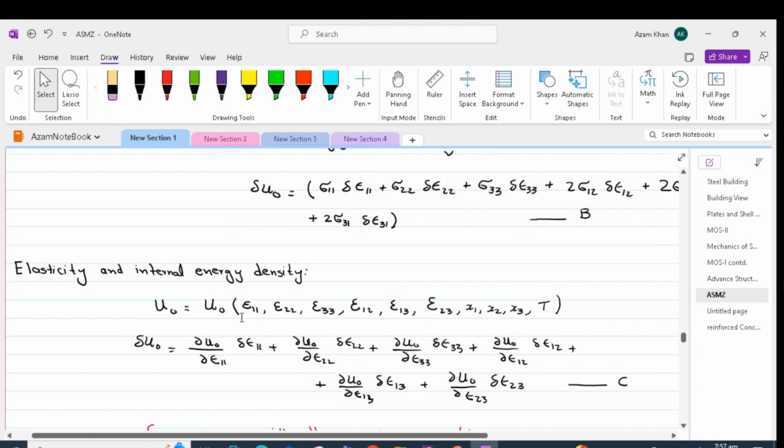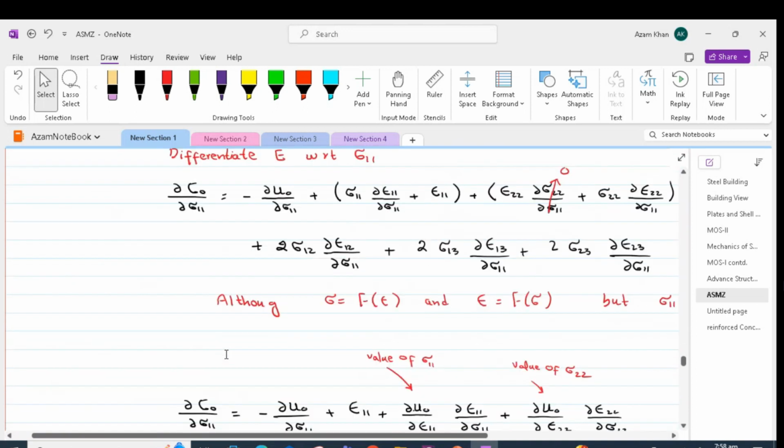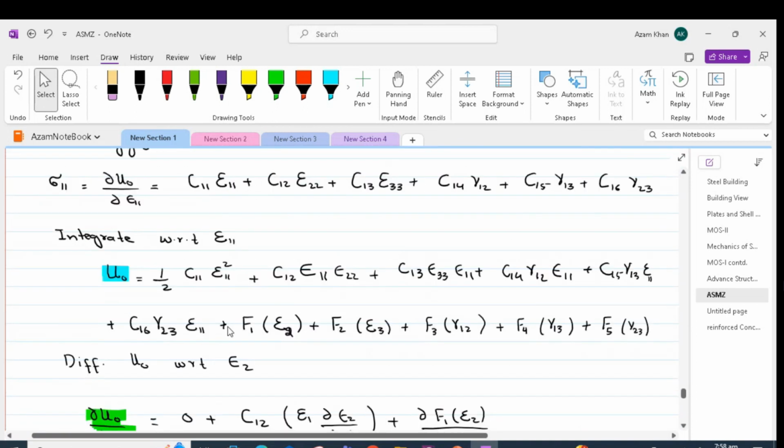Since we are integrating that expression with respect to epsilon 11, the remaining variables will come as a constant when we integrate the expression. Therefore, the remaining variables are entered as functions. Now we will have to determine the value of each and every function.